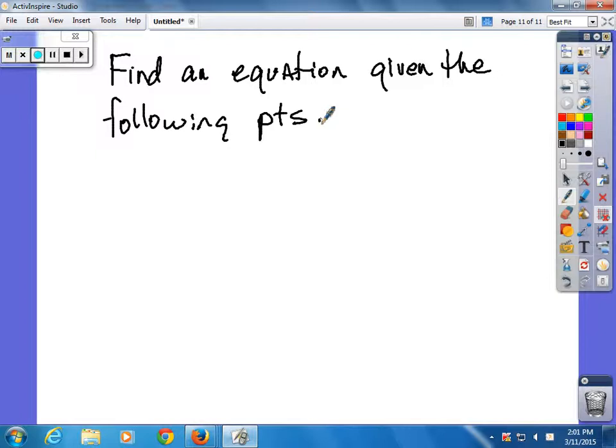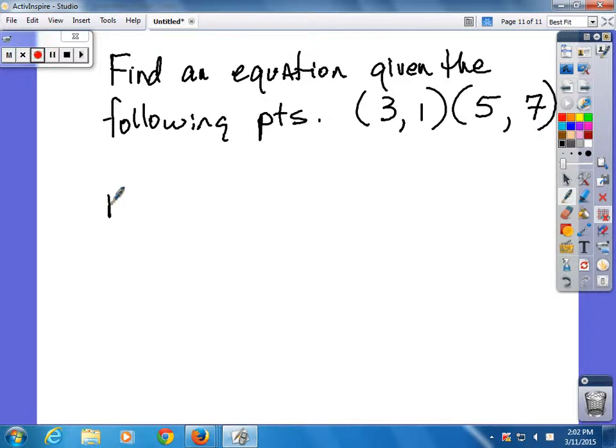And it's going to say 3, 1, 5, 7. You cannot do anything with the point-slope equation unless you've got a point and a slope. We've got to find the slope, because all we got is points. We've got 2 points. We only need 1.